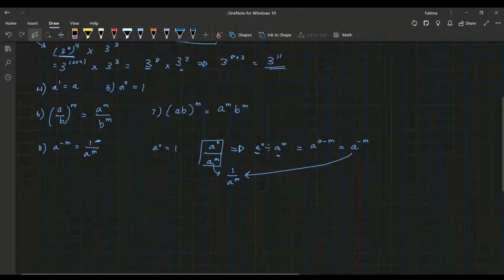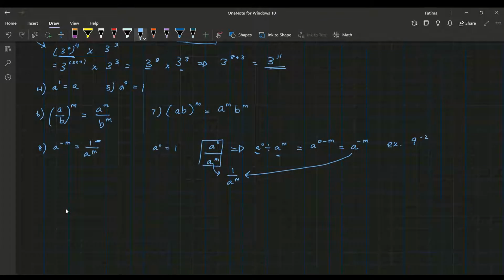So if, for example, we were given 9 to the power minus 2, that's basically 1 upon 9 square, or 1 upon 81.